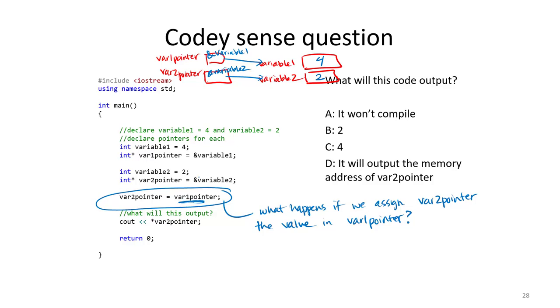Variable 1 pointer is holding the memory address of variable 1. So if I also give variable 2 pointer that same address, that means variable 2 pointer will now point to variable 1.